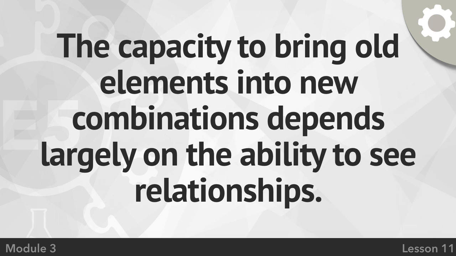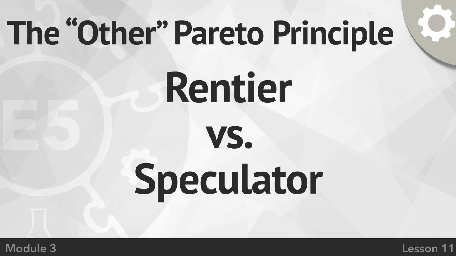Now, this really stems from, and I cannot remember for the life of me the name of the book where I first read this, but it's what I refer to as the other Pareto principle, because this is something that came from Wilfredo Pareto, the gentleman that most people know as the 80-20 guy.